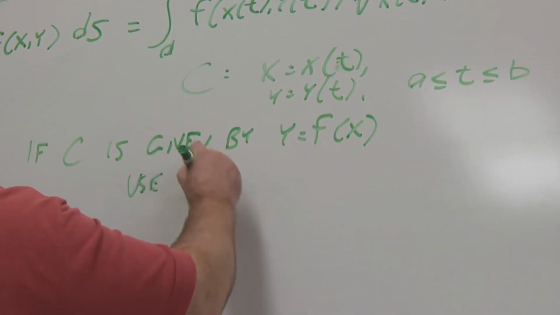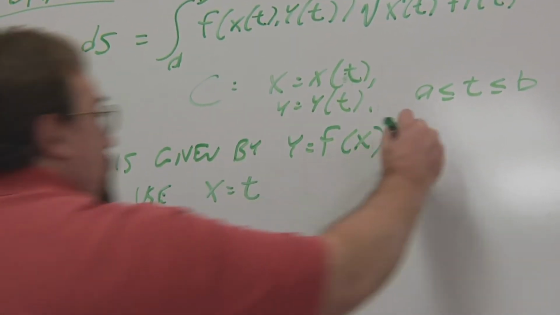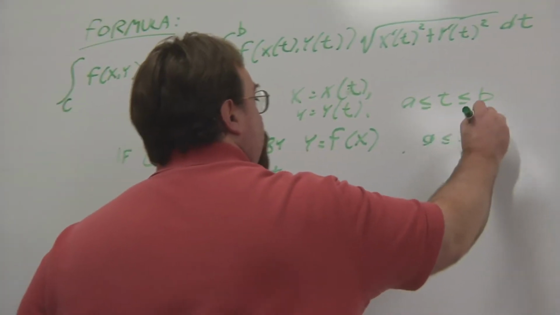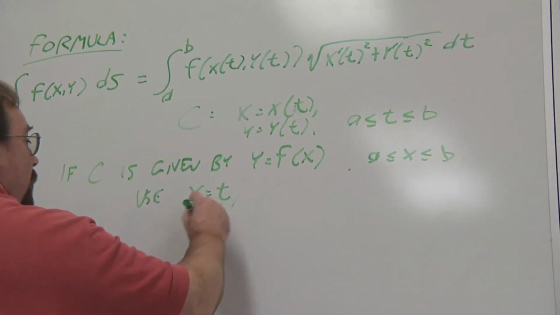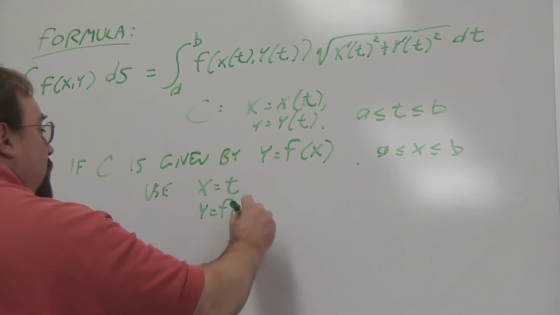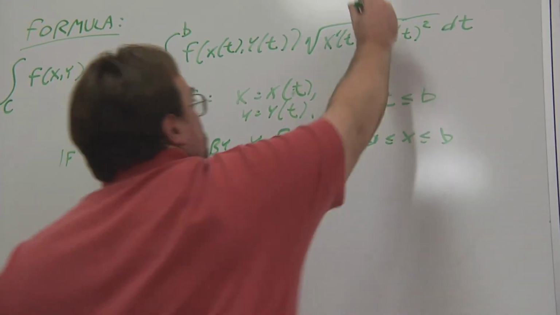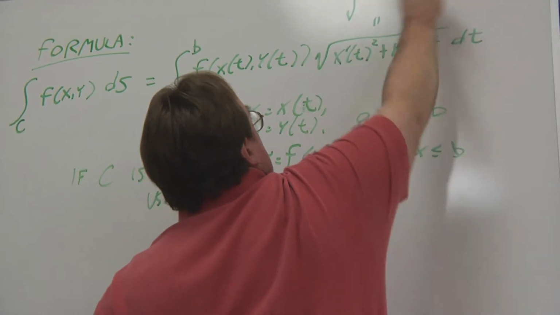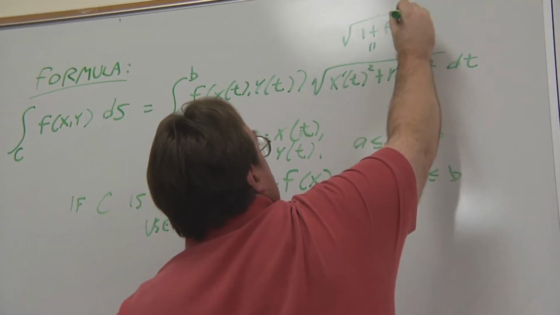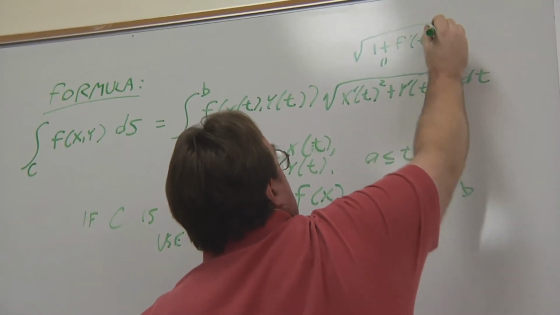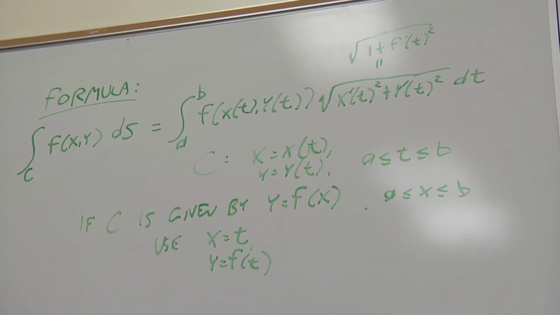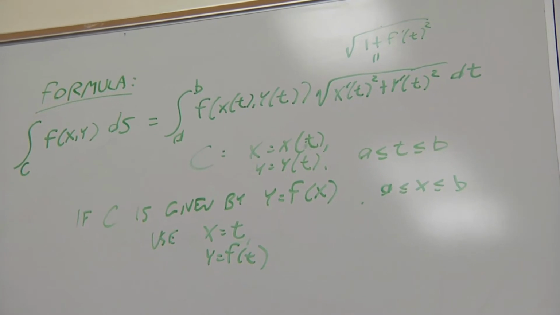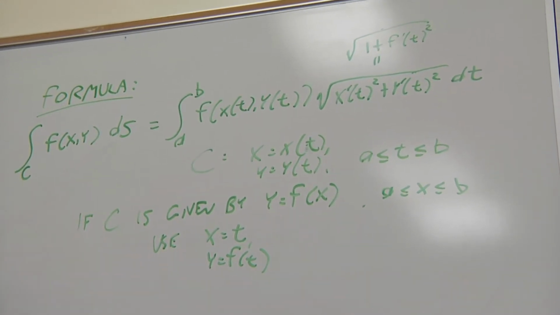You just use x is equal to t, and x runs from a to b, so 0 to 1 in this case. And then y is equal to f of t. So then this will become the square root of 1 plus f prime of t squared. So in the special case where a curve is the graph of a function, it reduces to that. And fortunately, that applies here.